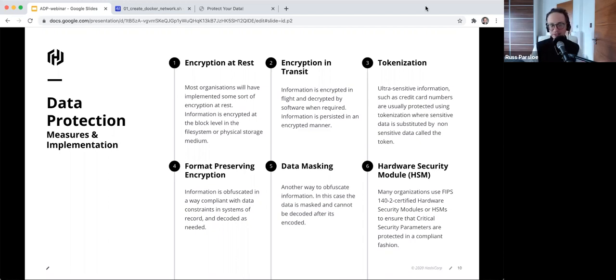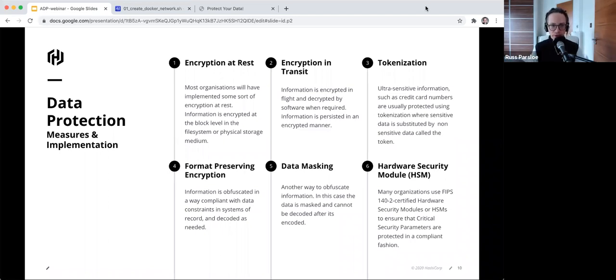So there are probably going to be many systems that are expecting 16-digit numbers. If people have seen ciphertext and what that looks like, it's quite often a lot longer than 16 digits. It's made up of letters, numbers, sometimes special characters as well. There are systems that just won't accept that format of data. So we have that problem where we need to encrypt the data, but keep the same format. I'll talk about how Vault solves that in a little while.